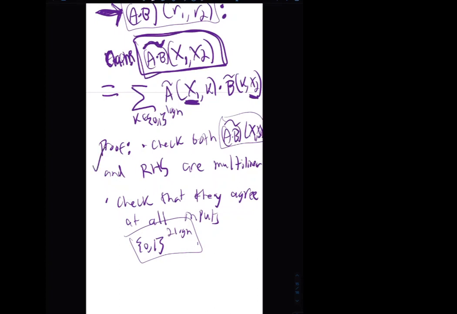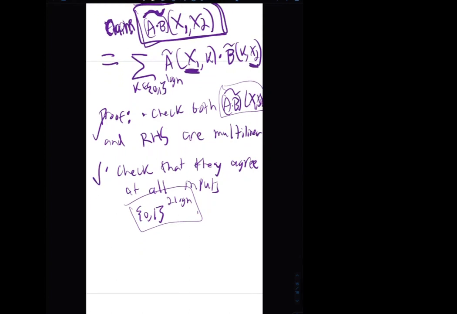Okay. So that's how to confirm that both the left-hand side and right-hand side are multilinear polynomials. And then checking that they agree on all inputs in {0,1}^(2 log n), well, that's just the definition of matrix products, because A times B, its ij-th entry, is the sum over all entries k of a_ik times b_kj.